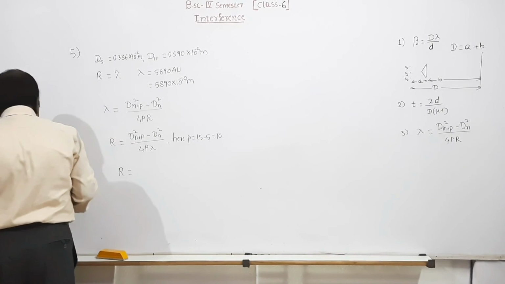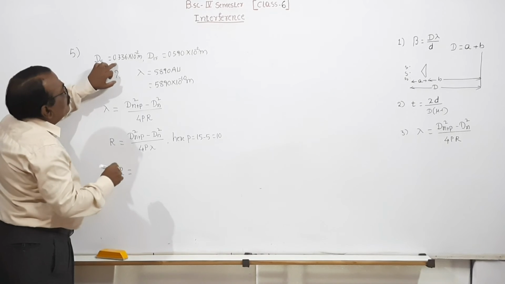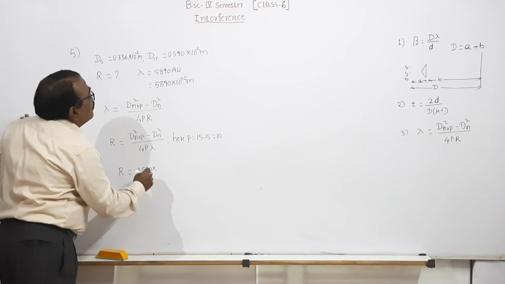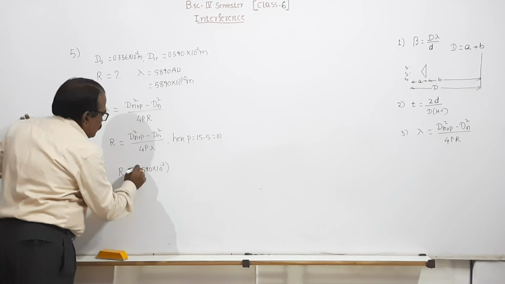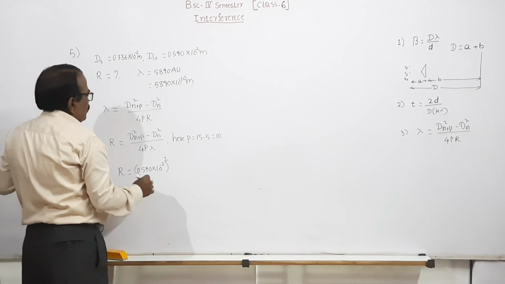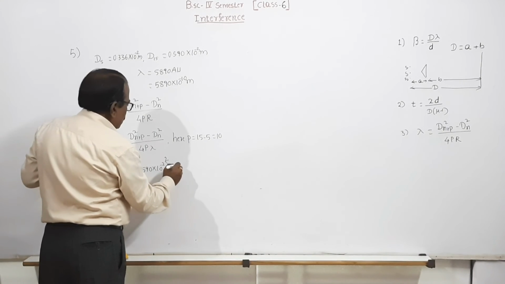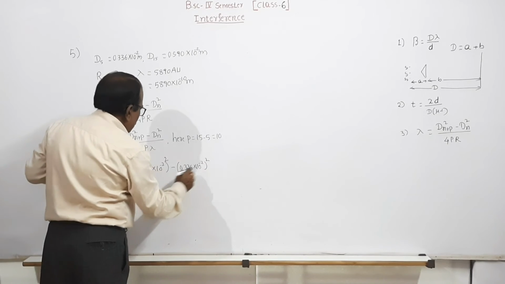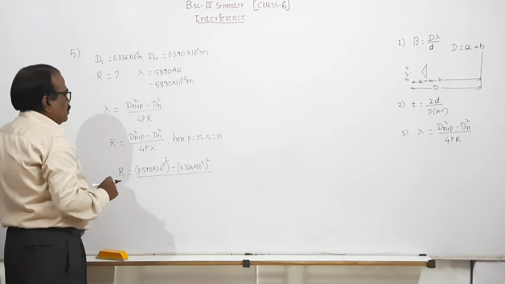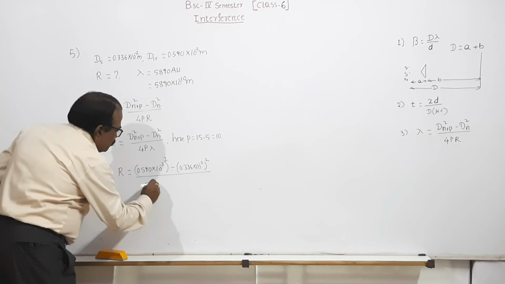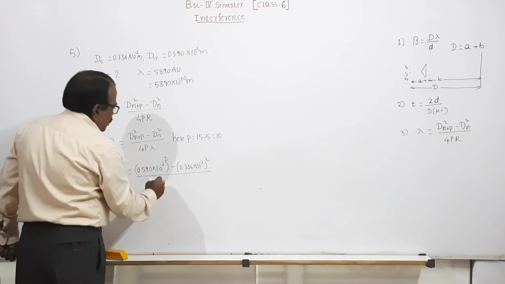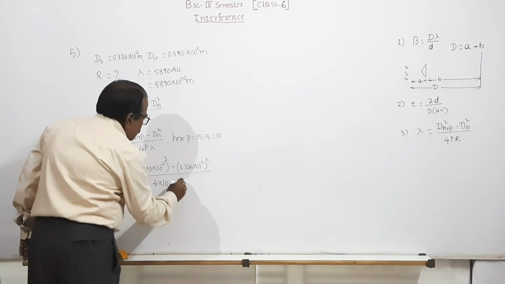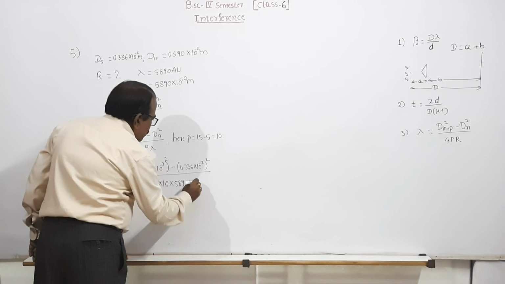R is equal to 0.590 into 10 raised to minus 2 whole square minus 0.336 into 10 raised to minus 2 whole square divided by 4 into p is 10 into lambda is 5890 into 10 raised to minus 10.